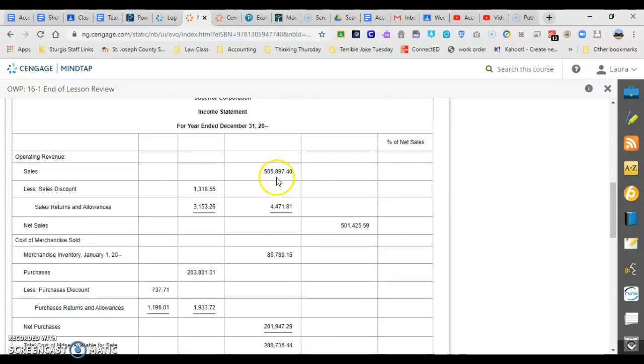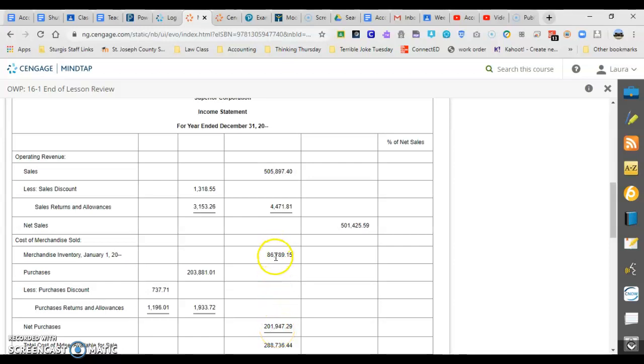Okay, so you have your sales minus sales discounts and sales returns, which is your net sales. You have your beginning inventory, at the beginning of the year. Then you have your purchases account, how much you purchased, minus any discounts and returns, to get your net purchases.